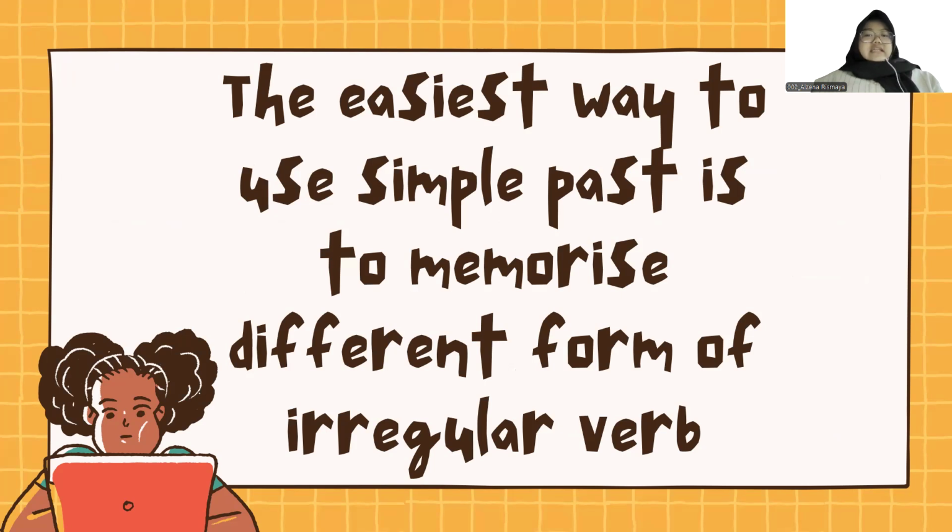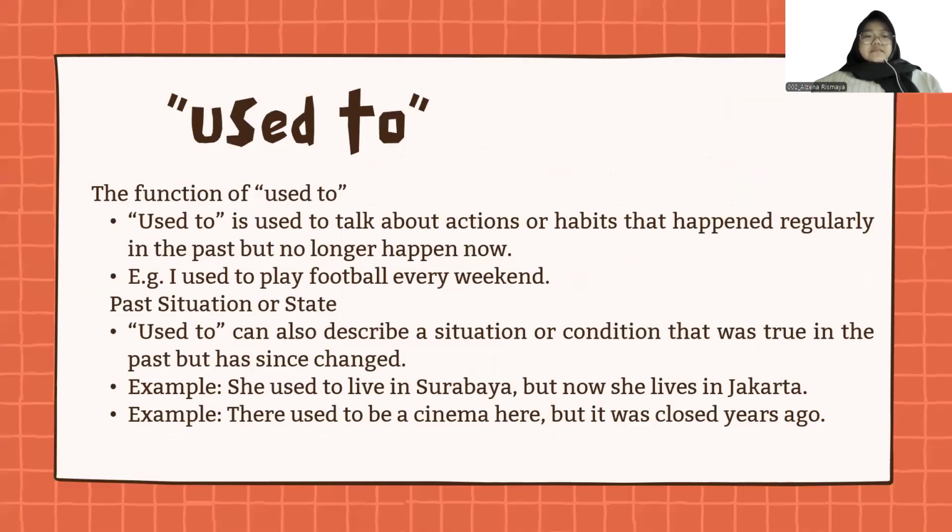For example, eat, ate, and eaten are completely different. We don't add eated. There is no such word in this world. So you say eat, ate, eaten. And I'm going to give you the material.